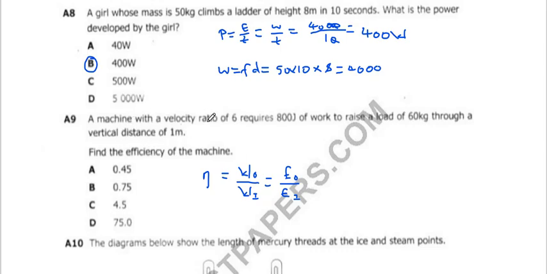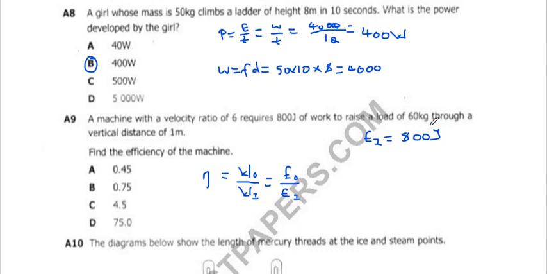So what have we been given? We've been given the requirement. When you hear the term requires, you simply know this is how much you need to put in. So this is the work input, which is the energy input. So we have energy input, EI, being equal to 800 joules.